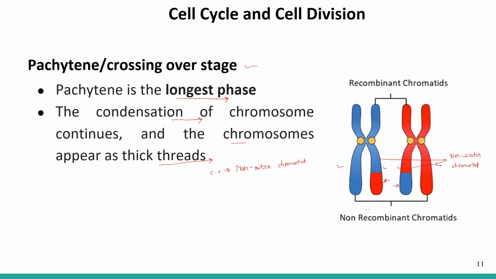Okay, it is the cause of variation, and variation leads to evolution. So these two are recombinant chromatids because there is an exchange of genetic material. That's why they are known as recombinant chromatids, whereas this one and this chromatid are known as non-recombinant chromatids.